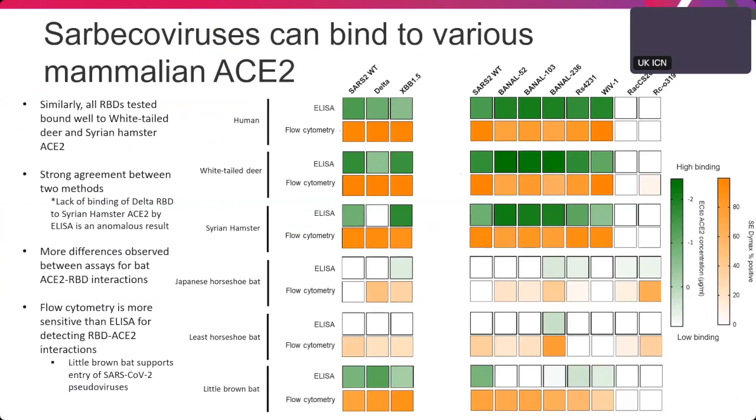There were differences observed between these two assays, where there were more flow cytometry than ELISA positives. Upon comparing three bat ACE2s with the binding to their RBDs, and also based on previous publications showing that little brown bat supports entry of SARS-CoV-2 pseudoviruses, we came to the conclusion that flow cytometry is more sensitive than ELISA for detecting these interactions.